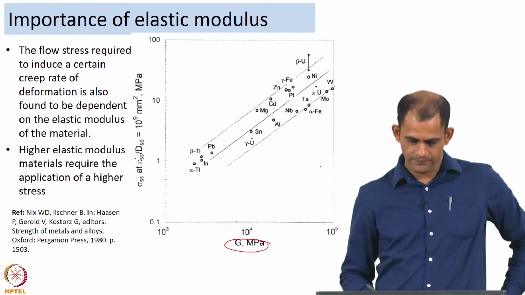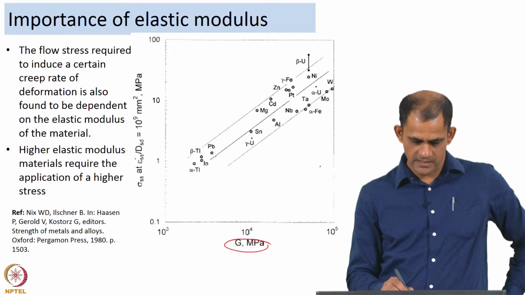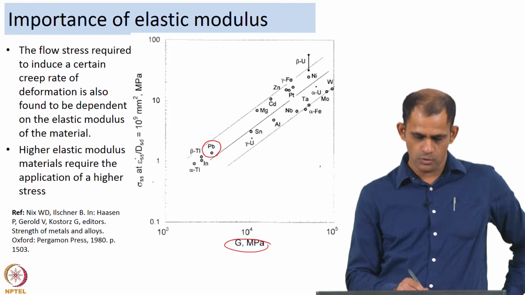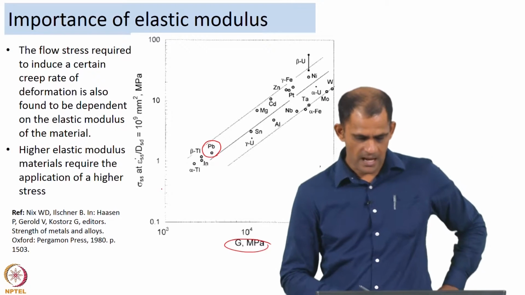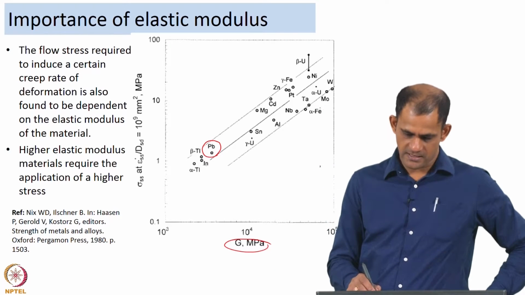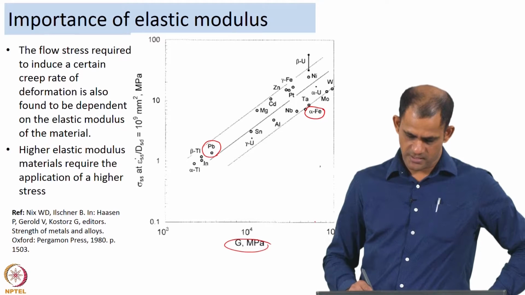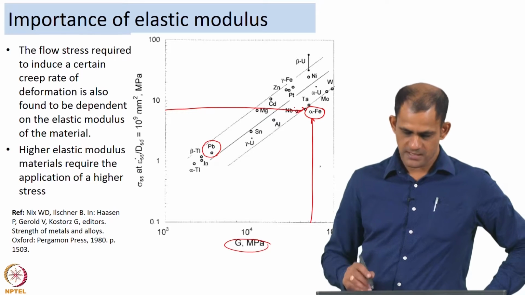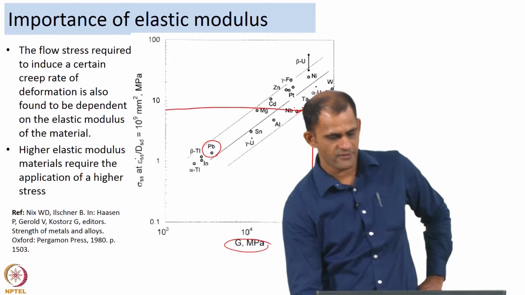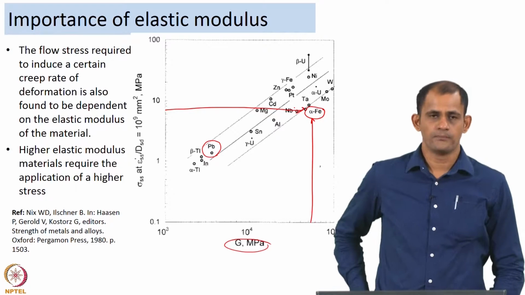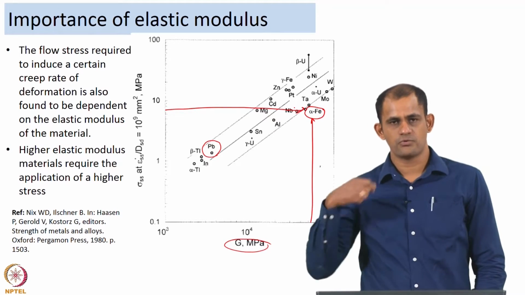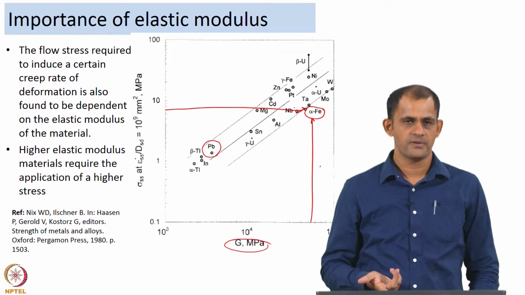If you have a low elastic modulus material such as lead, the stress that you need to apply is low, whereas if you have a high elastic modulus material such as iron, then the stress that you need to apply increases accordingly. So, that is the effect of elastic modulus. Higher elastic modulus materials require a higher stress to achieve the same strain rate of deformation.